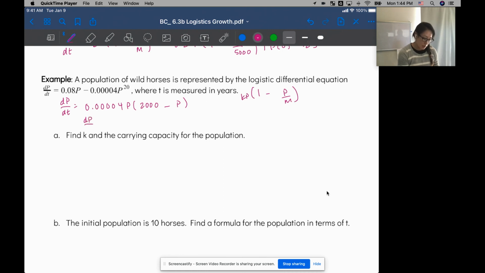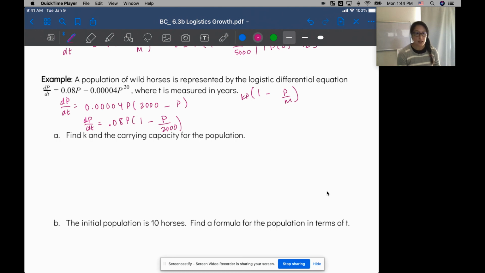So dP over dt is equal to, and when I take out the 2,000, I'm actually multiplying this 0.00004. So I get 0.08 times 1 minus P over 2,000, since I'm also taking out a 2,000 from my second term.